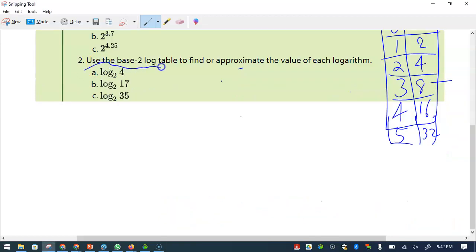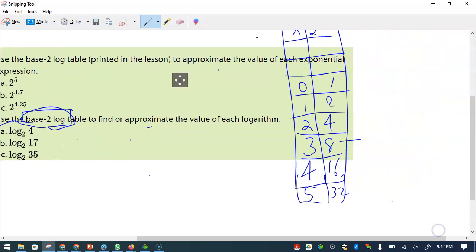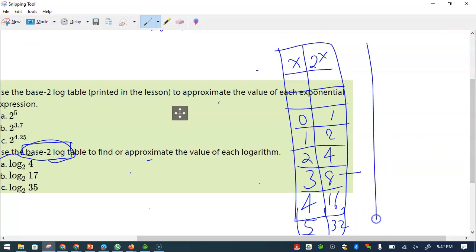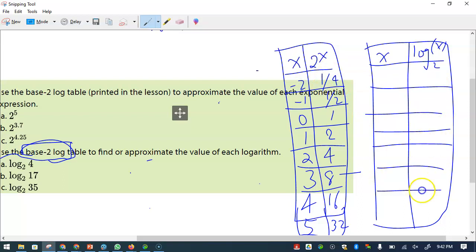We'll use the same base 2 log. This is the same table that you have seen, but it's like you have another table where if this is x, then this is the logarithm of x to the base 2. If this was minus 1, this is 1/2, and if this is minus 2, this is 1/4. So this one gives you back the same thing.